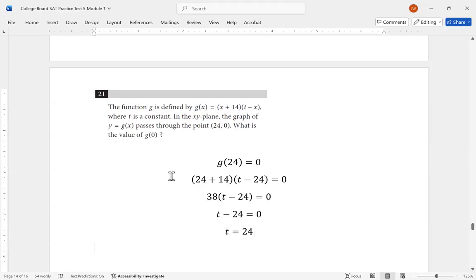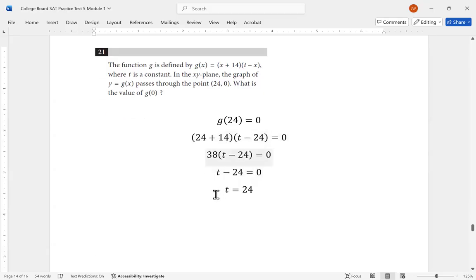Now, this is not the final answer yet. The final answer is the value of g of 0. So now I have to plug in 0 into my expression and see what that comes out as. So we'd get 0 plus 14 multiplied by, now I know that t is 24, so that's going to be 24 minus 0.